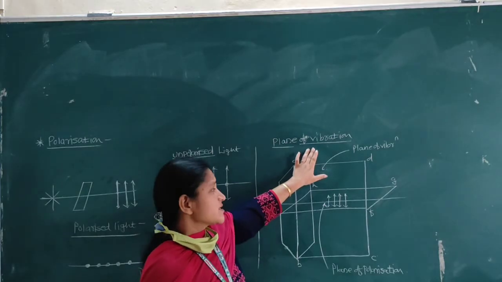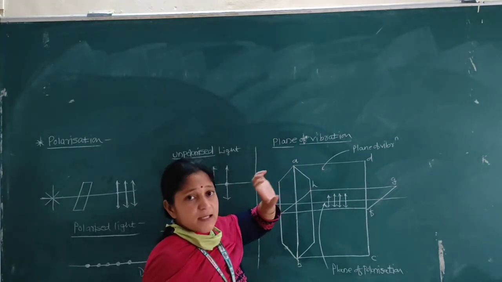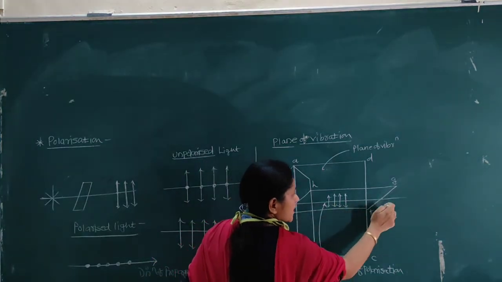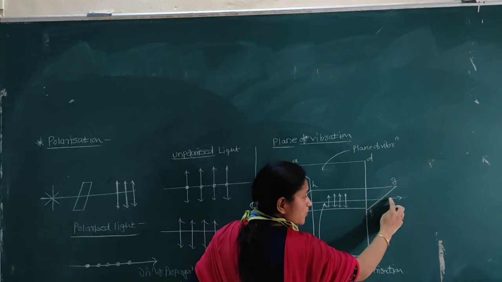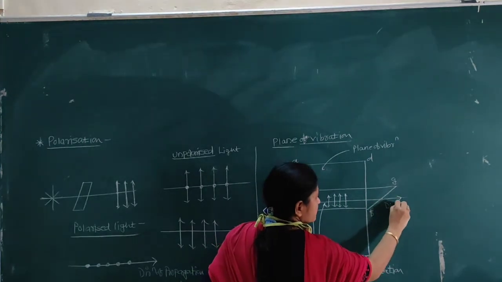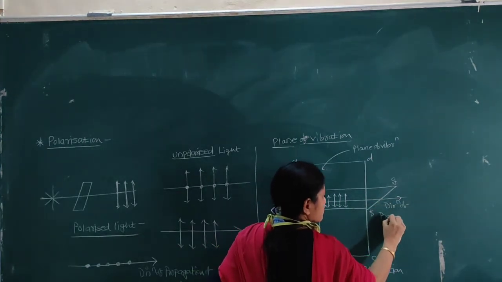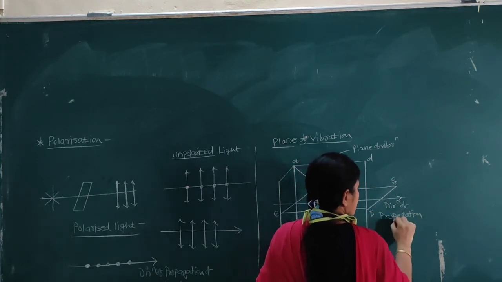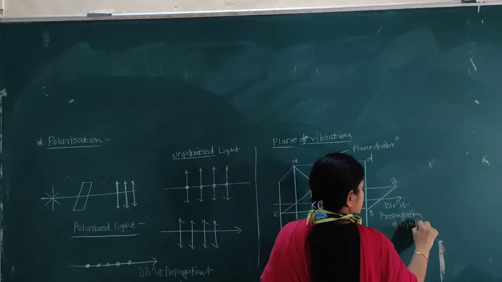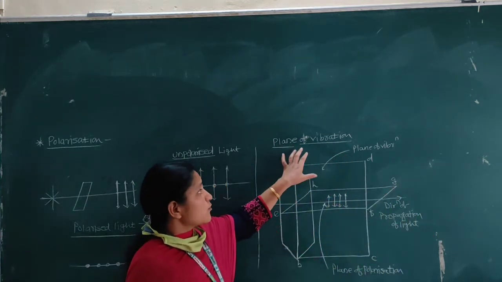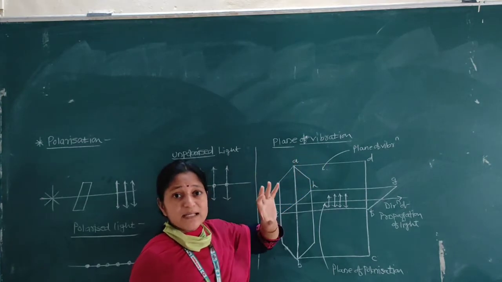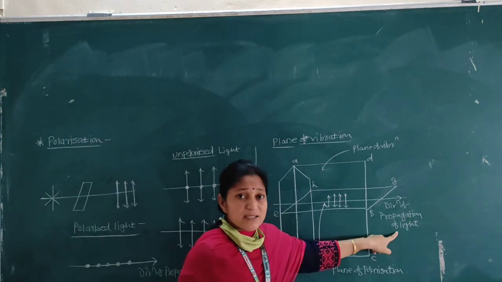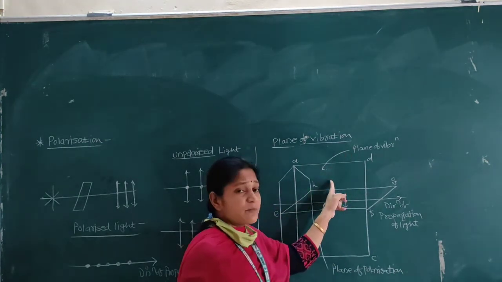Very simple definitions are there. Plane of vibration is a plane which contains the direction of propagation of light, as well as the direction of vibration of the light.